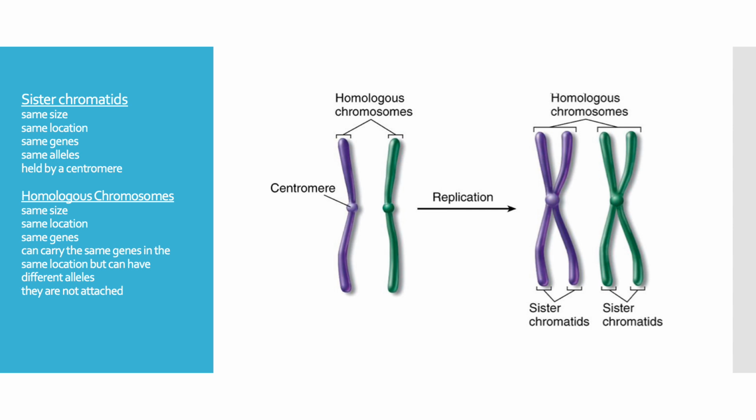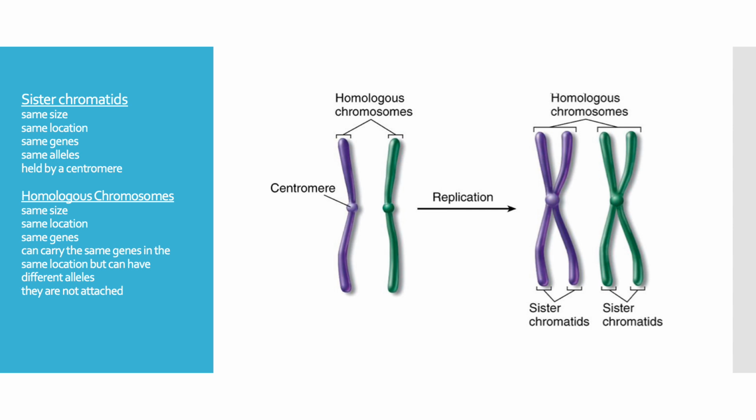In other words, an allele is something specific like eye color or blood type, and they're held with that centromere. When we're looking at homologous chromosomes, again, they're still the same size, they carry the same genes in the same location, but the alleles now can be different. They're not attached at that centromere.